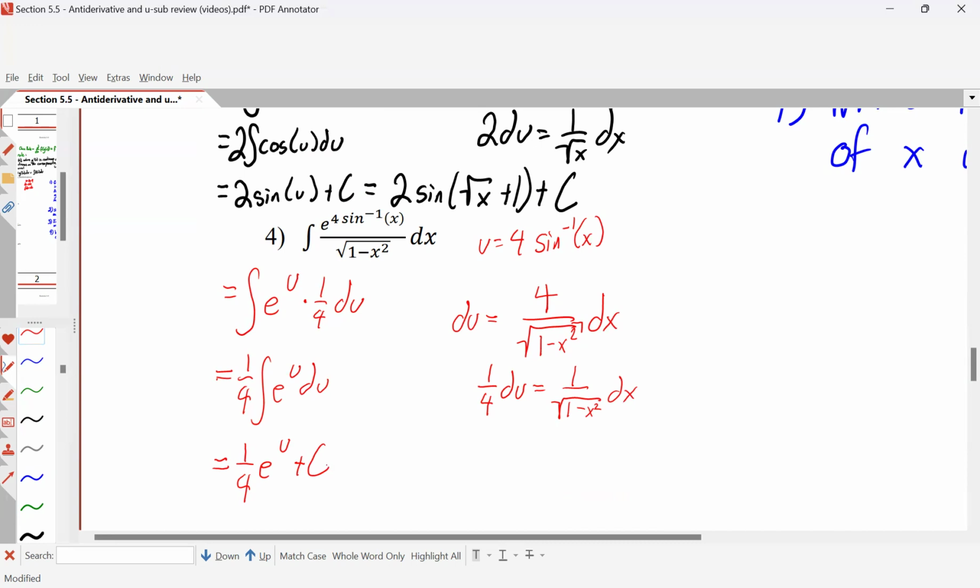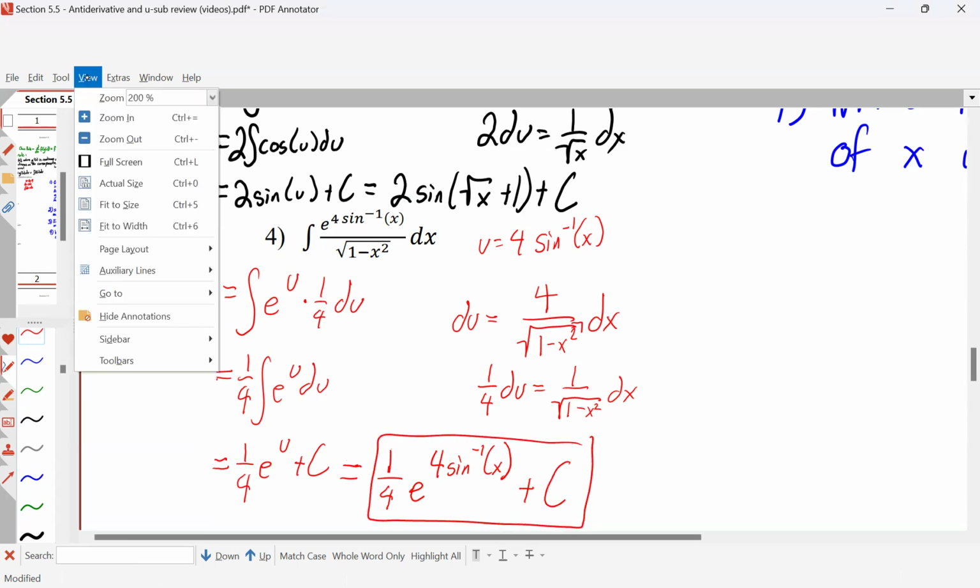We get 1/4 e to the u plus c, and now put u back in terms of x to get 1/4 e to the 4 sine inverse of x plus c. And there is our answer.